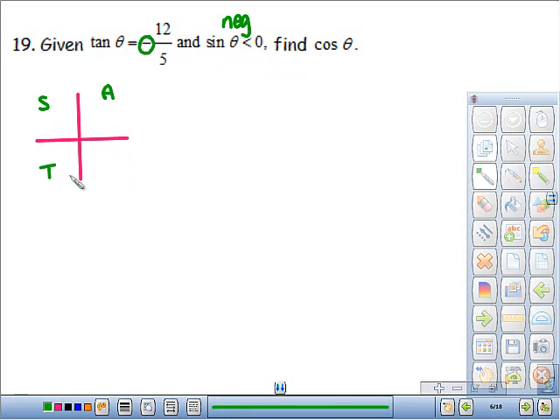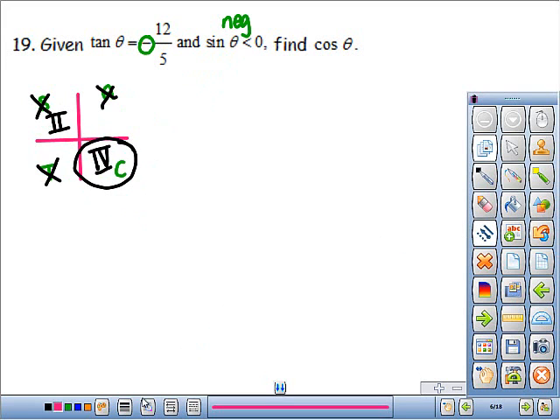You're going to use this over and over and over. Hopefully it'll just be second nature to you eventually. So tangent is negative in 2 and 4. Sine is negative. Oh, S, that's sine, that means it's positive here, so I can't use that. So quadrant 4. I'm going to draw my picture in quadrant 4.